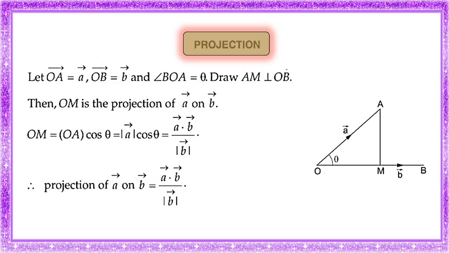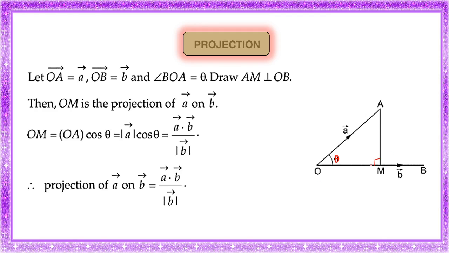Now next we have projection. What is projection? Projection is basically a shadow, right? If we have vector OA, let's represent it with vector A, OB as vector B, and the angle BOA is theta. Draw AM perpendicular on OB.